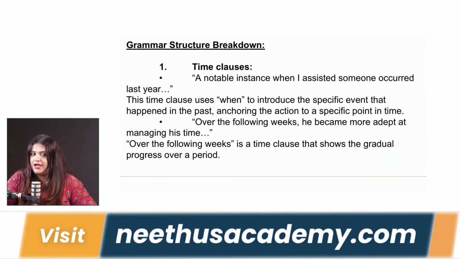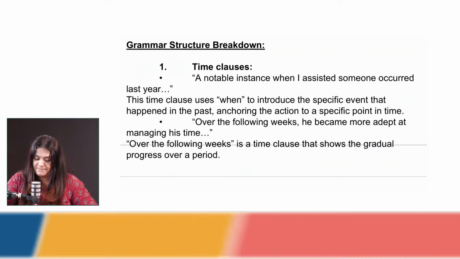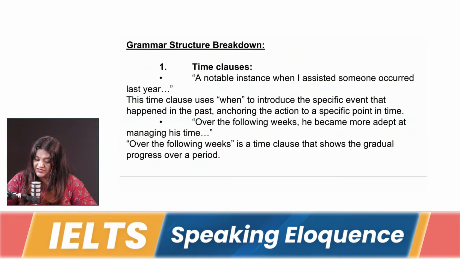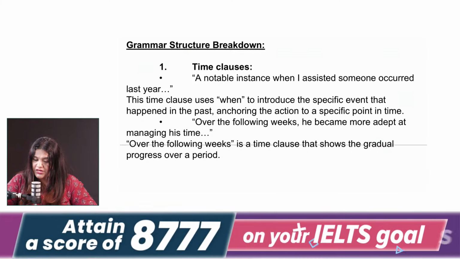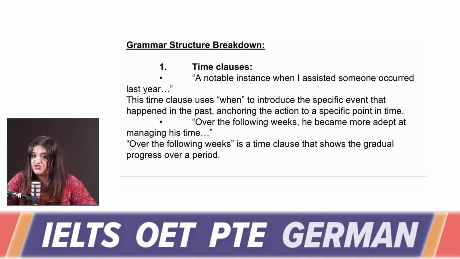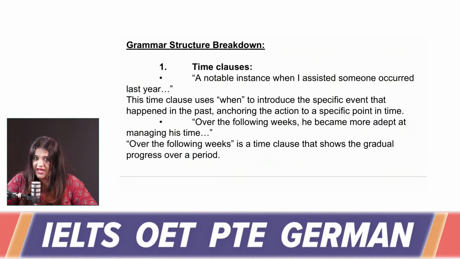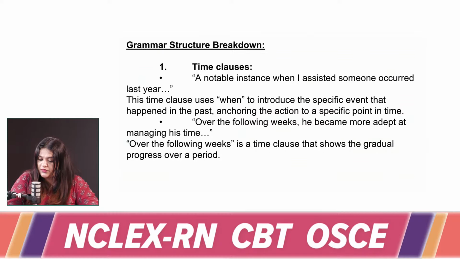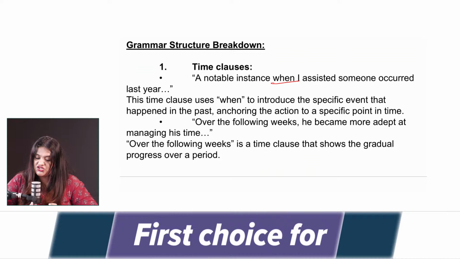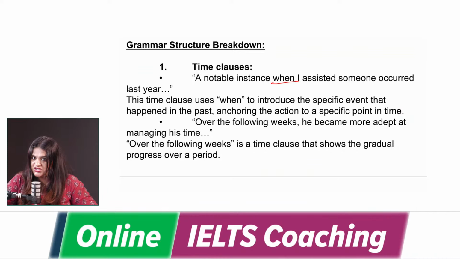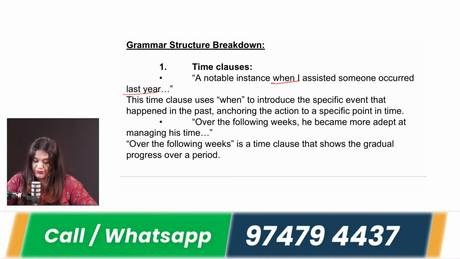So let's see what different clauses I have used in this sample answer. The first one is, "A notable instance when I assisted someone occurred last year." Here the time clause uses "when" to introduce the specific event that happened in the past, anchoring the action to a specific point in time, when it occurred last year.